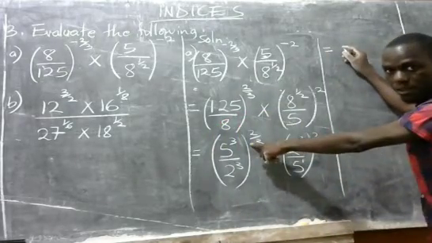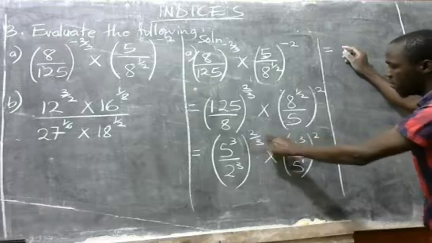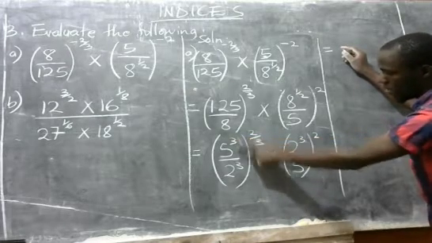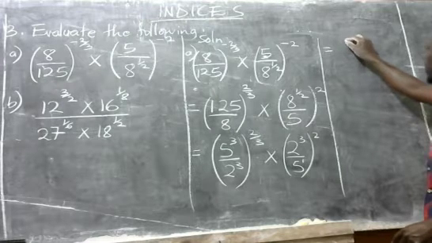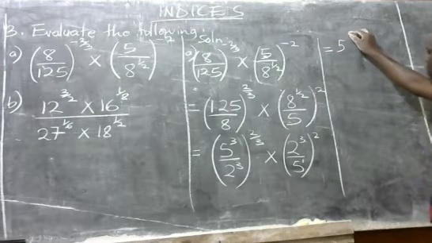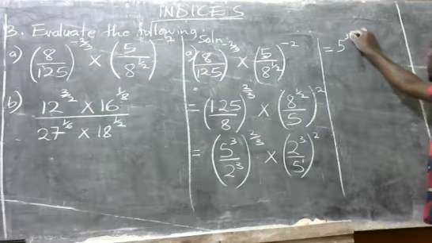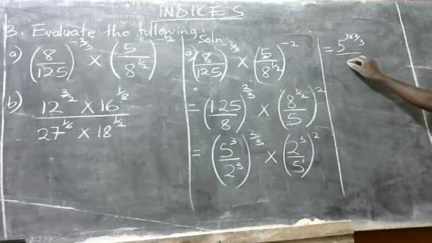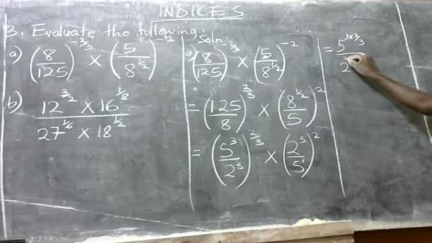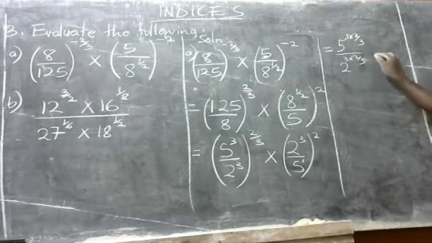Now, when I open the brackets, we have said the power is going to multiply the power here and the power there. So this is going to be 5 power 3 times 2 all over 3, and then all over the 2 power 3 times 2 all over 3.